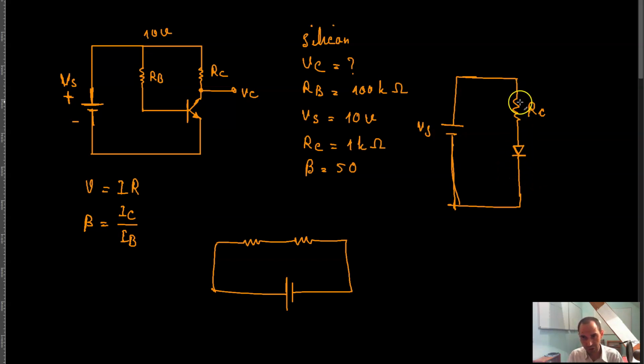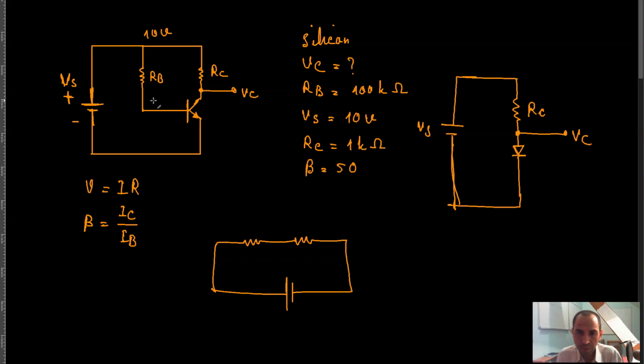And by changing the current, the voltage drop across this resistor changes. Changing the voltage drop across this resistor means that the voltage across this diode changes. And that means that the voltage of this point, call it V of C for example, is changing based on the changes that you make in the current in the base of your transistor. That's basically how a transistor works, right?